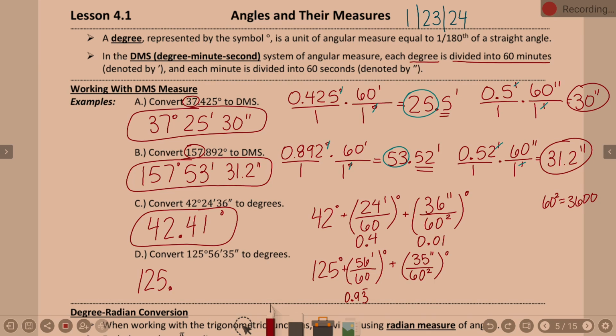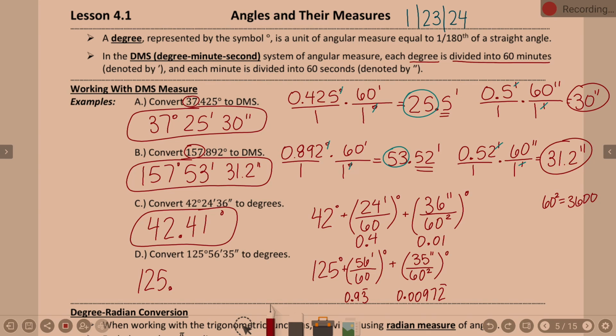And when we do that, you get something fun, don't you? 0.0097 repeating. And this is where I say adding this by hand is not fun, is it?